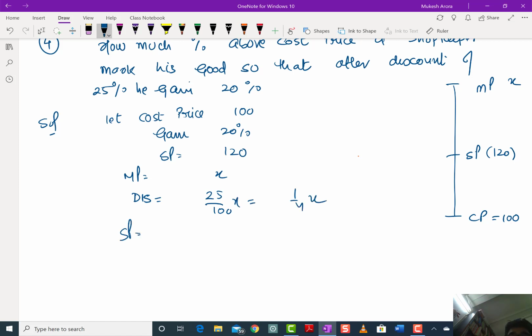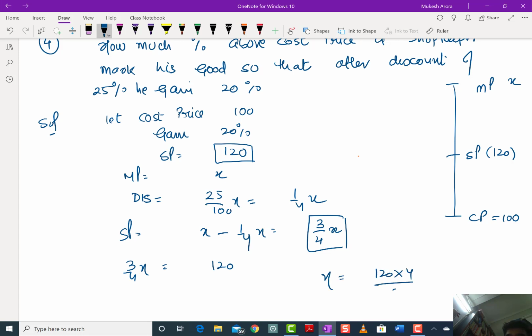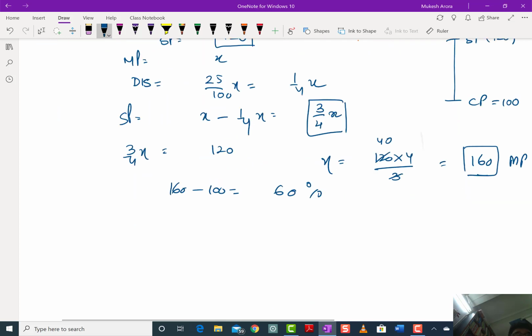Selling price will be x minus 1 by 4 x, 3 by 4 x. This is also the selling price and this is also selling price, both will be equal. So 3 by 4 x is equal to 120, x is equal to 120 into 4 by 3, which is 160. 160 is mark price, so it is 60% above the cost price.